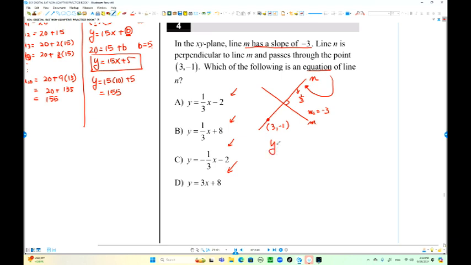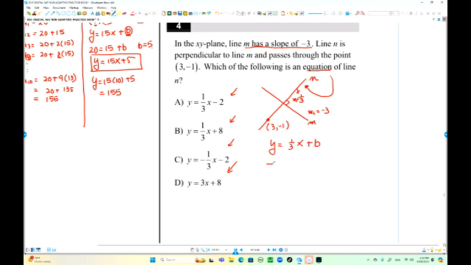So use slope-intercept form: y equals, slope is 1/3, and the y-intercept is b. Usually we say slope-intercept form, but actually slope and y-intercept form is better to memorize.